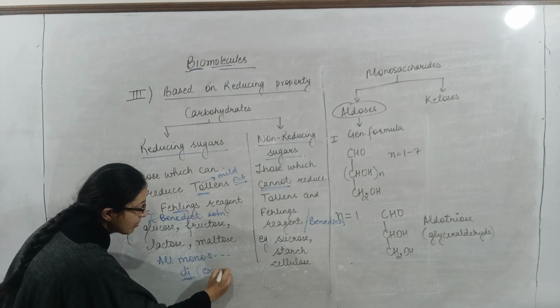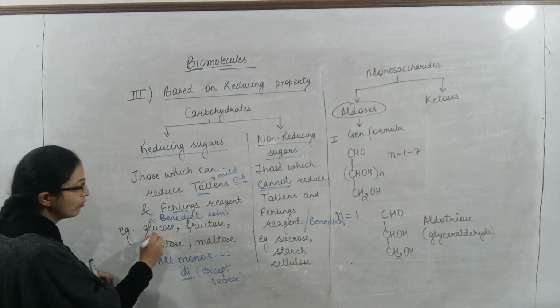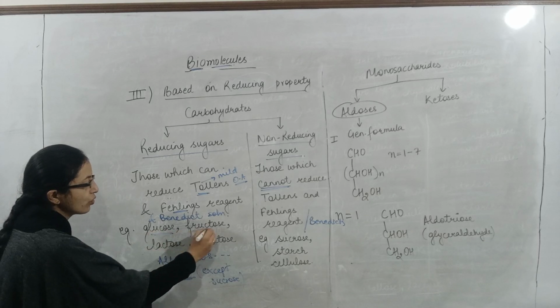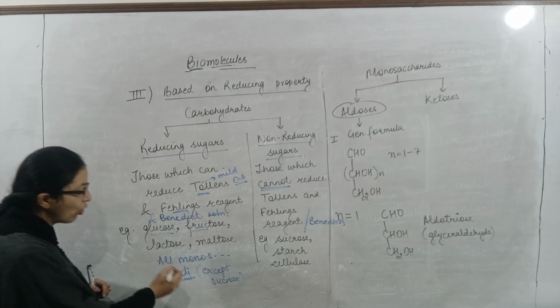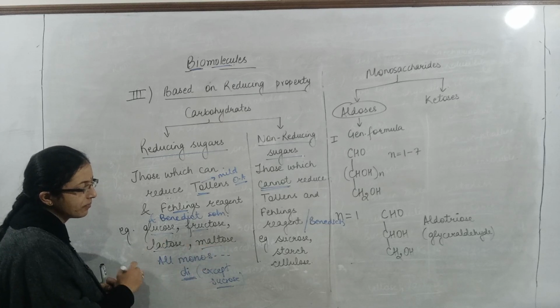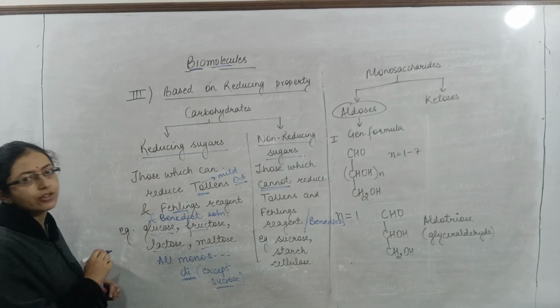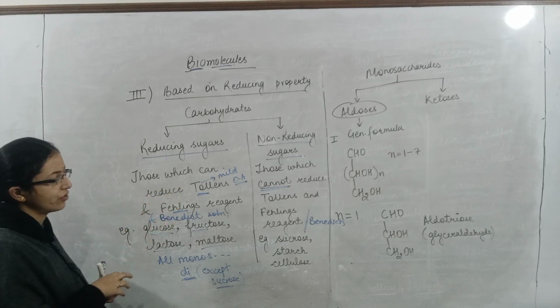Disaccharides में except sucrose. So all monosaccharides like glucose, fructose, they act as reducing sugars, and all disaccharides except sucrose. Disaccharides में lactose, maltose ये सब, except sucrose, they act as reducing sugars. Meaning they reduce the Tollens and Fehling reagent.